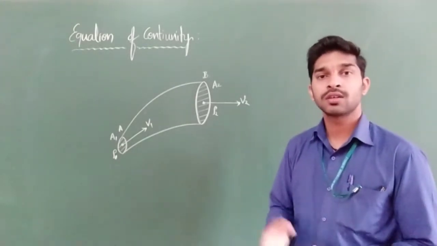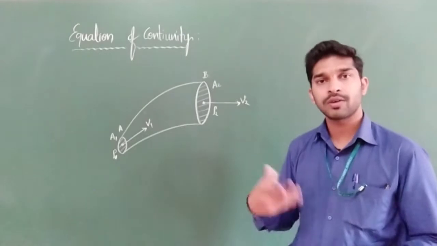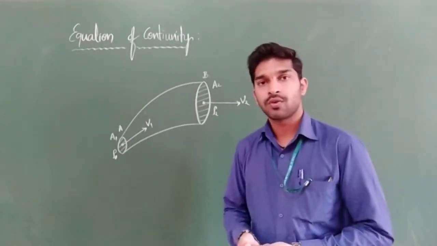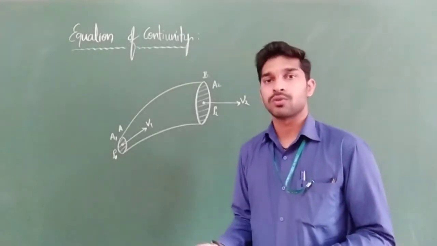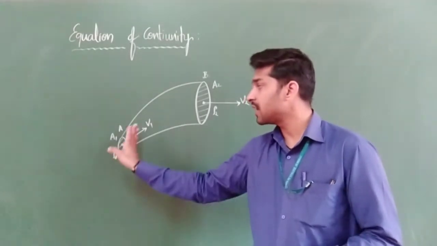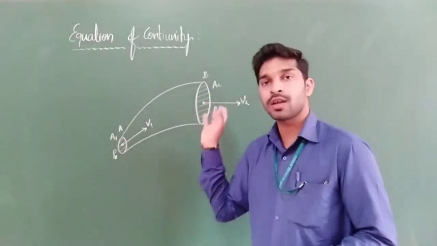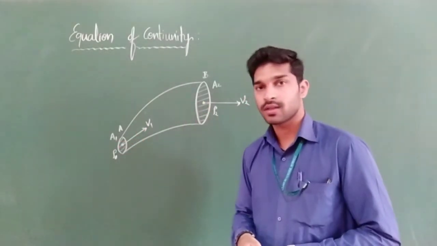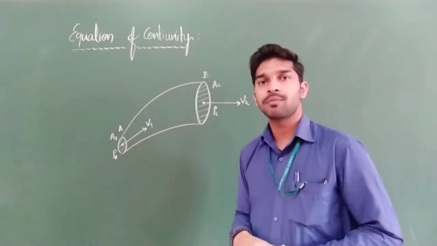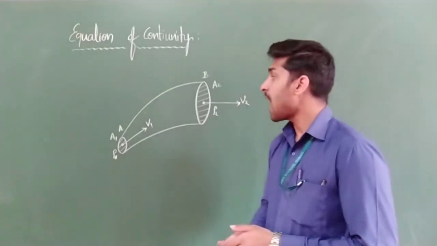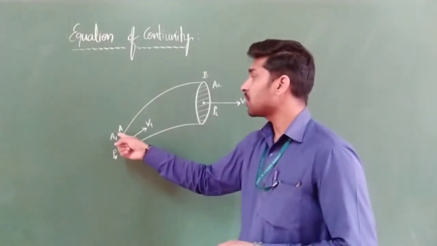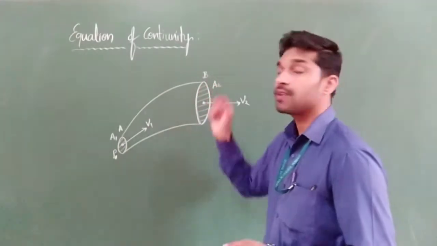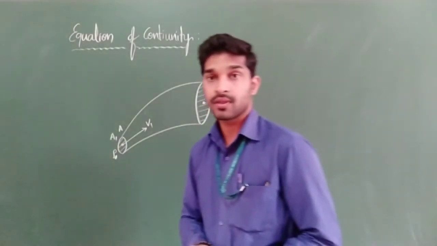For calculation purposes we are considering rho1 and rho2, but finally we will substitute rho1 equal to rho2 equal to rho. That means if water is entering here, only water will exit. If I put water here I won't get oil. Clear? So the density of the liquid will be the same. This end we call end A, this end we call end B. Clear?